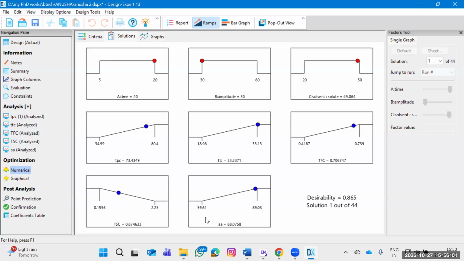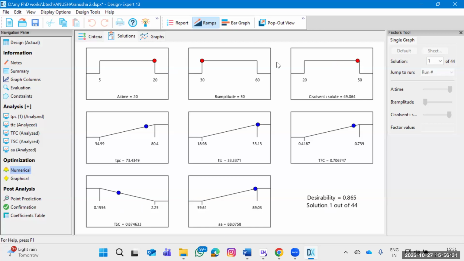So for this specific experiment, at 20 minutes of extraction time with ultrasound amplitude of 30% and solvent to solute ratio at 49.06 ml, we got phenolic compounds, flavonoid and antioxidant as maximized results, while the saponin, which we kept as minimized, is at the minimized value.